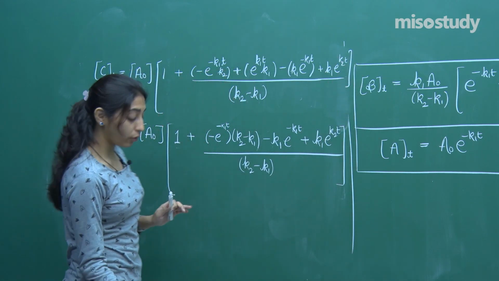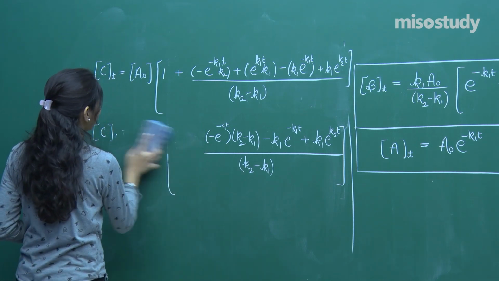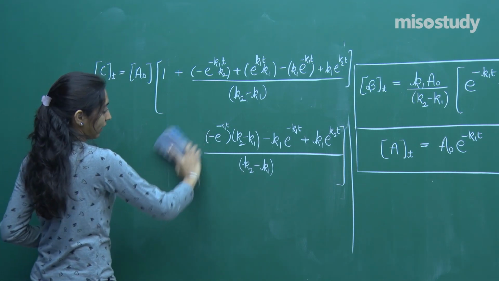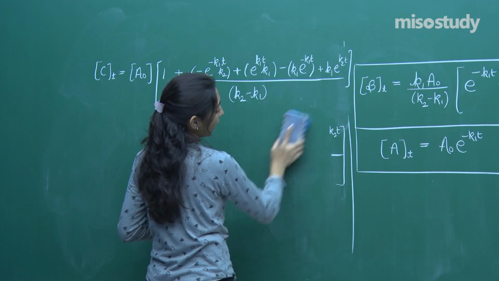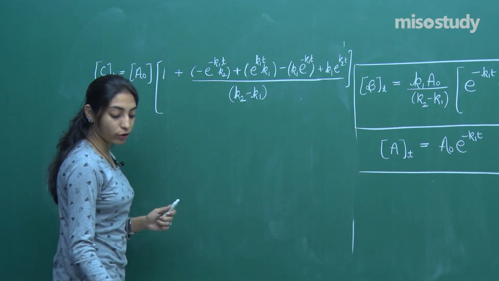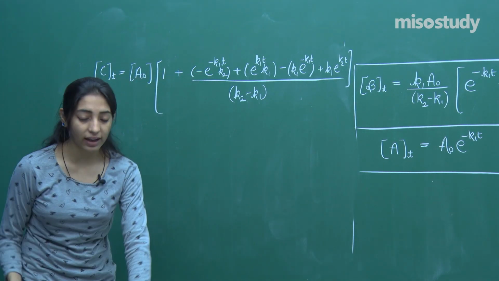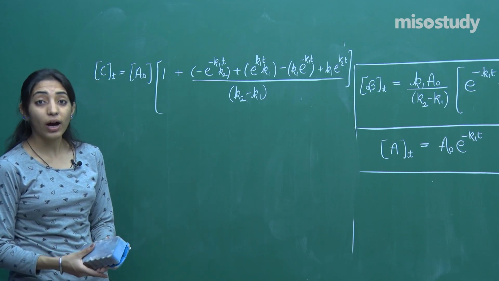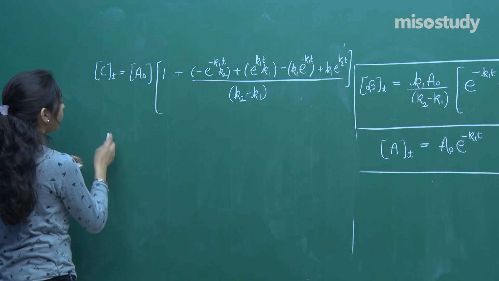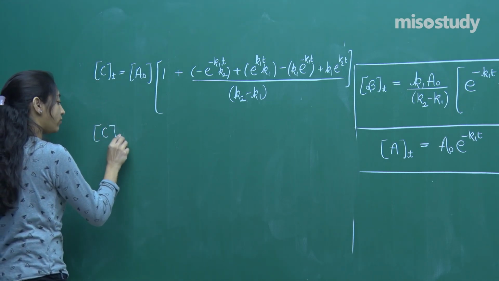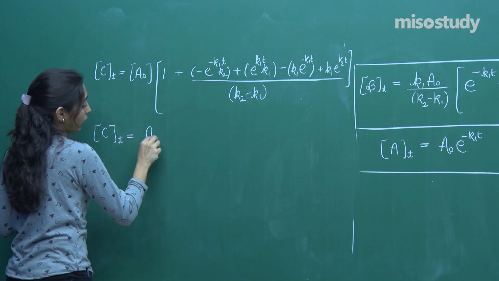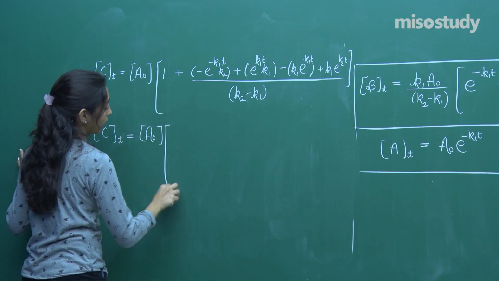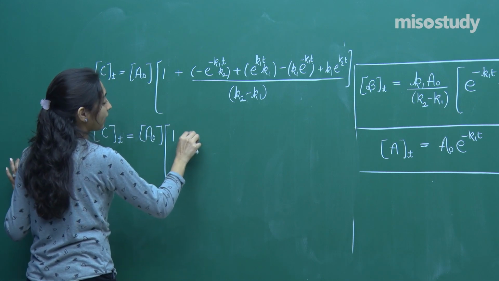Okay. So I know this is not complicated actually, but yeah, you need to take care of all the K1, K2, minus signs and all, and then only you will be able to come up to the final result for this particular question. So how will I solve it further? Then I will say the concentration of C at time T is equal to A naught times 1 plus.